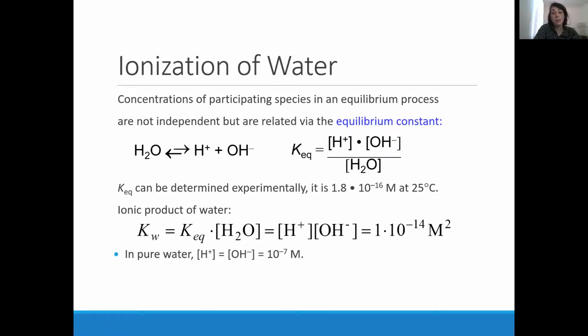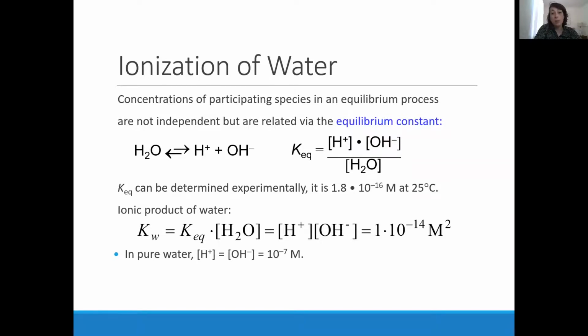Now, the ionization of water can be described through an equilibrium constant. Remember that this is just describing the equilibrium of products and reactants. In this case, we have water in its full form, H2O, and the products, its dissociated form, the proton and the hydroxide.